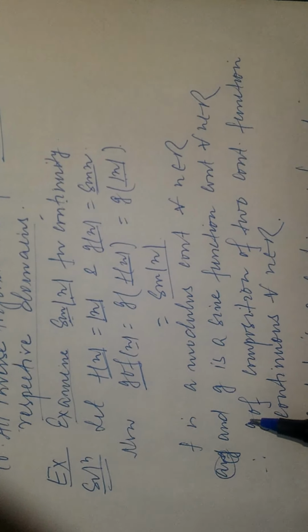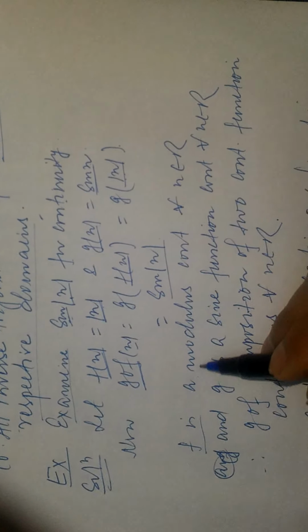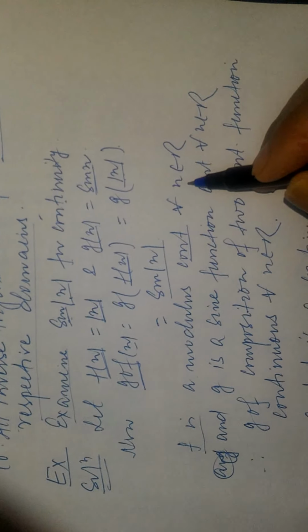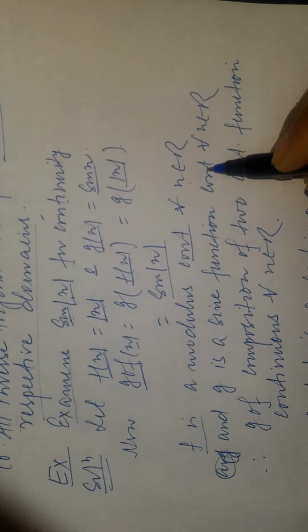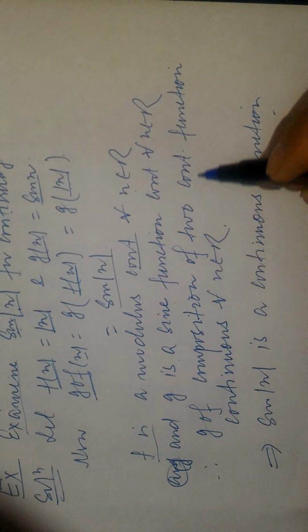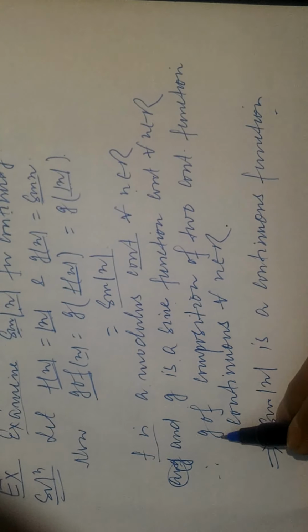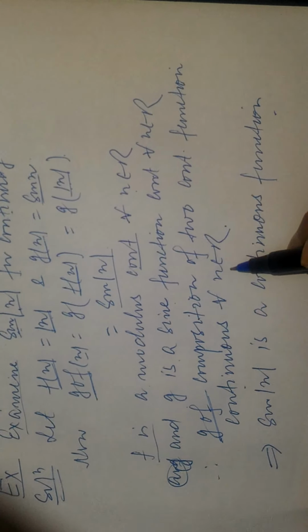Now we'll take the help of the property. f is a modulus function, continuous everywhere, and g is a sine function, continuous everywhere. And the given function g of f is a composition of two continuous functions. So we know that the composition of two continuous functions is continuous everywhere.